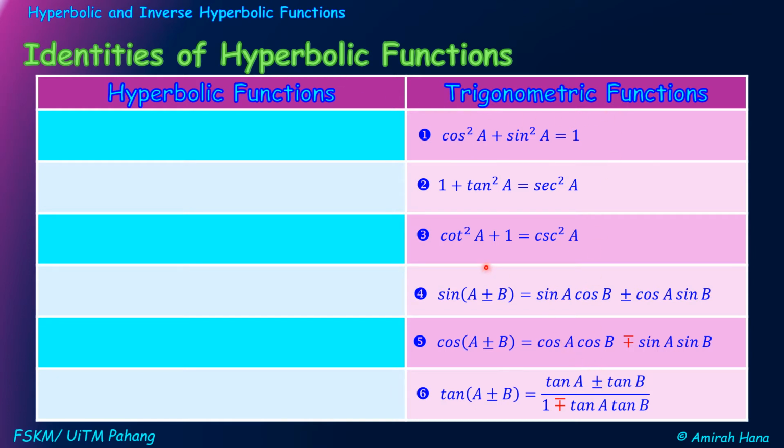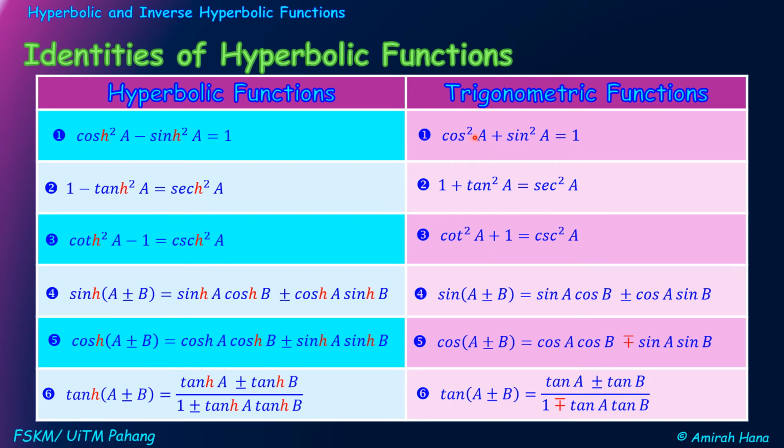From the trigonometric functions here, when we compare to hyperbolic function, it looks similar. But for hyperbolic function, we must have h. h stands for hyperbolic. When we compare, it looks similar.